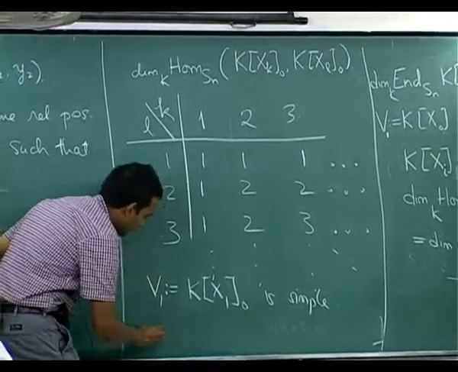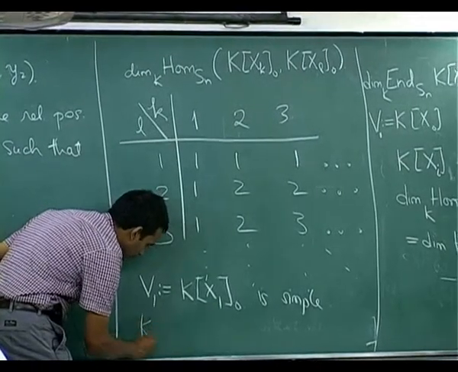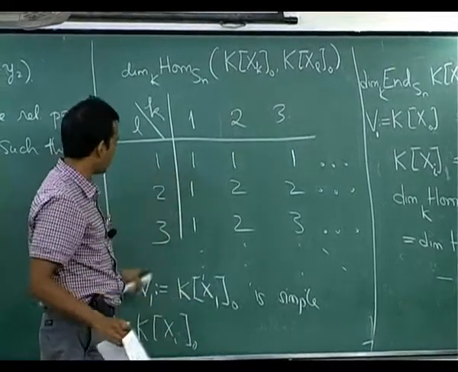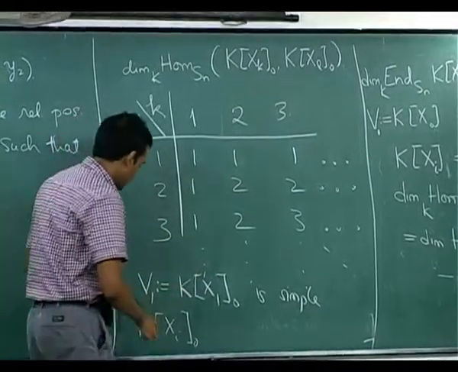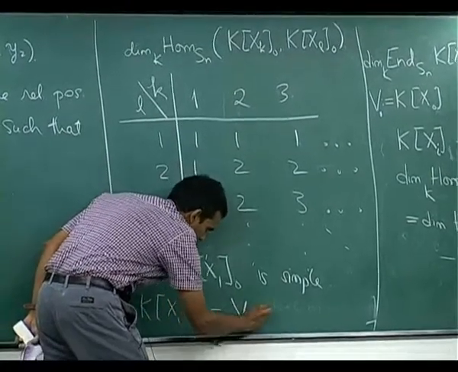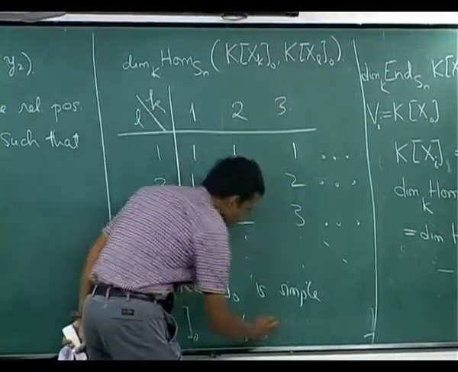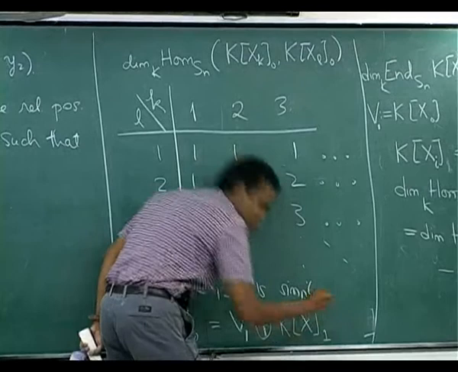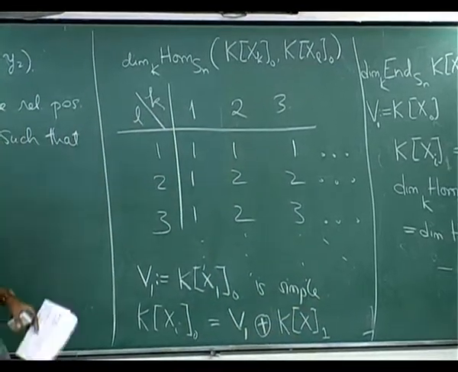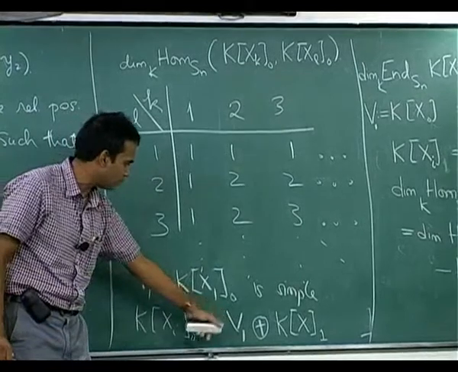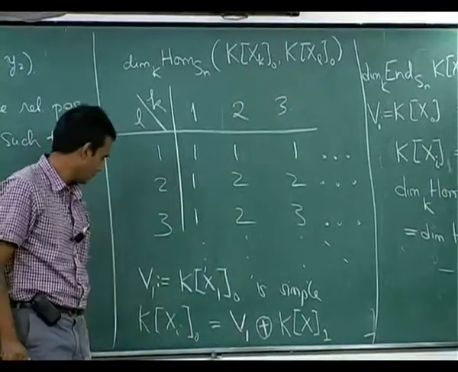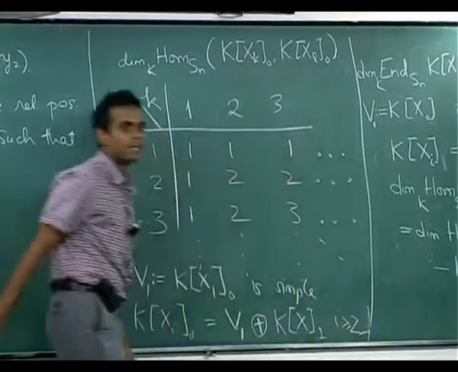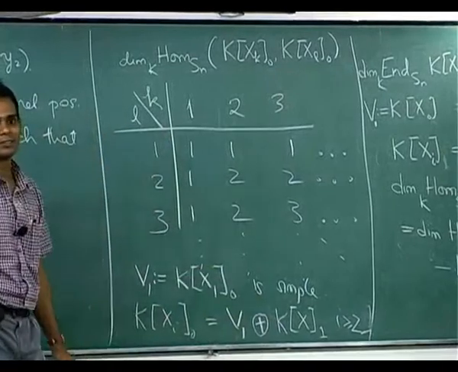And now I can look at each kxi0, and what this table tells me is that V1 occurs exactly once in it. So this is V1 direct sum some new representation I'll call kxi1, and kxi is V0 direct sum V1 direct sum kxi1 for i let's say greater than or equal to 2. When i is 1, then there's nothing here, it's just V0 direct sum V1.